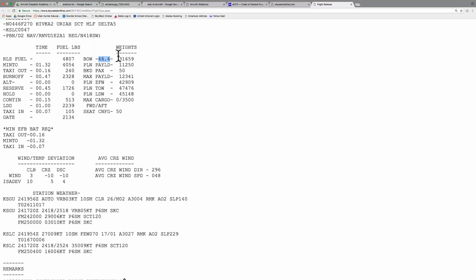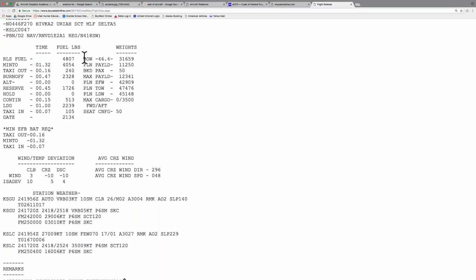That number indicates how many inches from the center of gravity, or the center of the aircraft, the weight is distributed. So it's a little front heavy. Does that make sense? From where the center of the aircraft is.